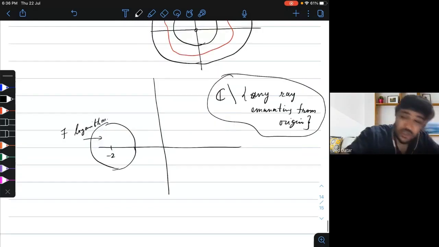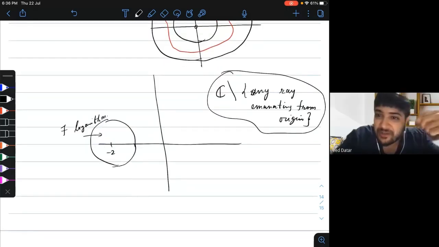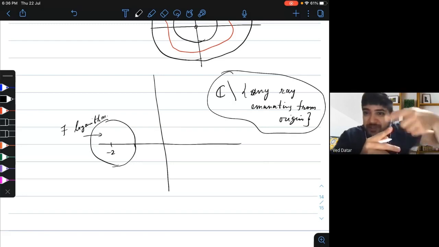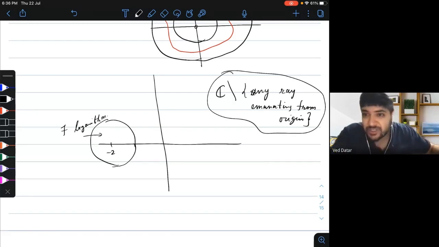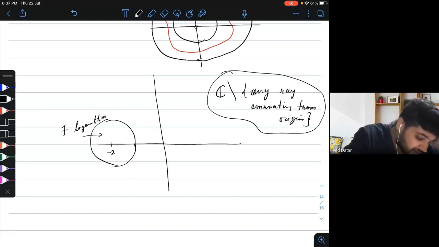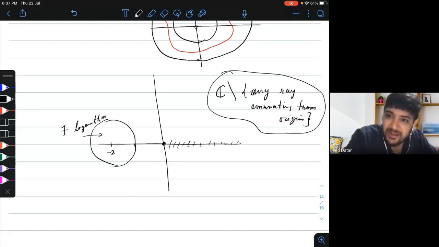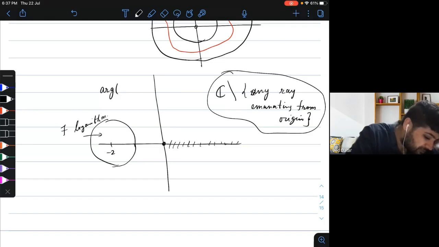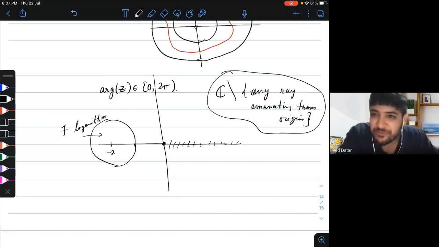Because the principal branch, by definition, has the branch cut where you remove the negative x-axis. So instead, you can do the following. Just remove this ray and take the argument to belong to 0 to 2 pi. The convention is that the argument function is from minus pi to pi, but you can always translate that to say that the argument is between 0 and 2 pi.